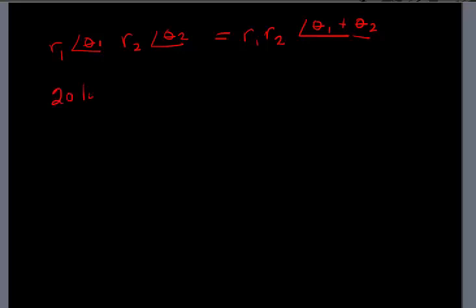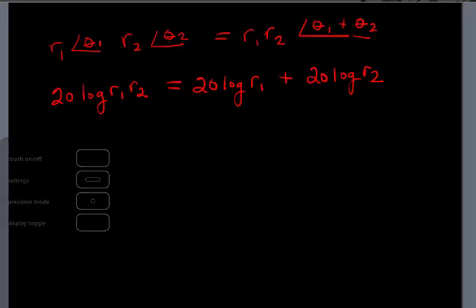So we're taking 20 log of R1 R2, which is equal to 20 log R1 plus 20 log R2, which is adding the decibel magnitudes of the two gains, and that's why we can add the gains as well as adding the phases. So in other words, we can only add the gains if they're in decibels, and they are.